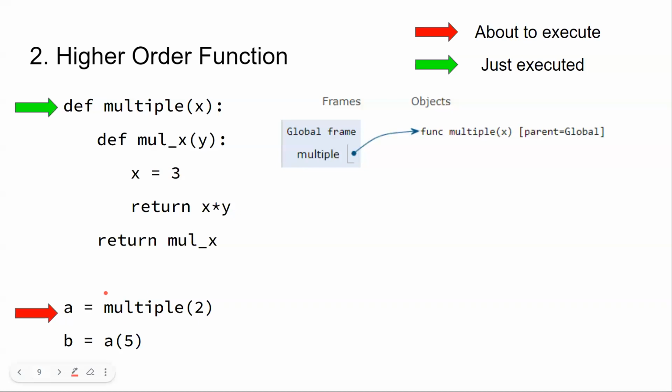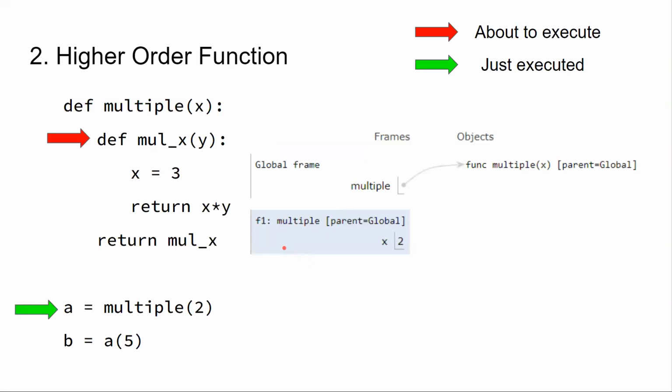So we get a function call, multiple 2. We open the frame created by multiple, and then we pass 2 into x in frame 1. We create frame 1 and pass in x equals 2. Then we still have the function definition, we recognize it and skip it.